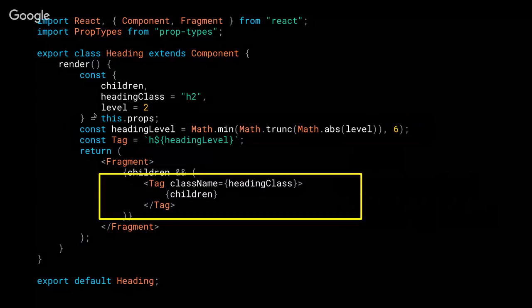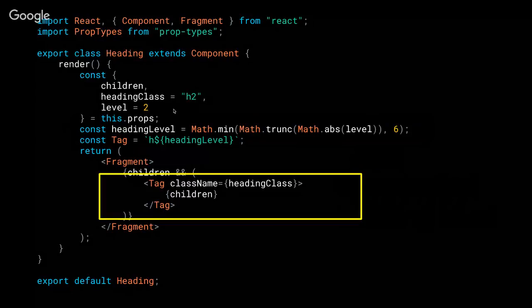Our defaults are a heading level 2 and a heading class of 2, because if the developer forgets to put the levels on the page, you will just, as a default, get an H2. I purposely did not choose a heading level 1 paired with a class of H1, because you should only have one H1 on the page.